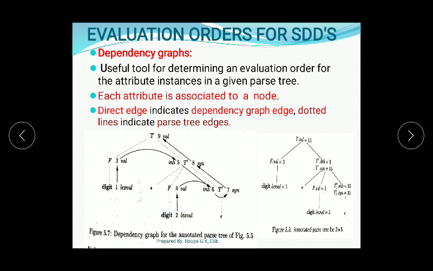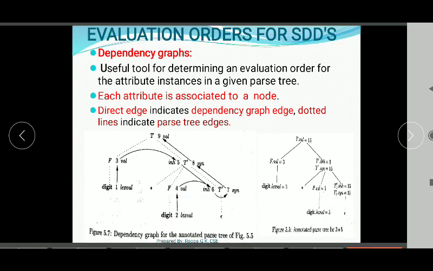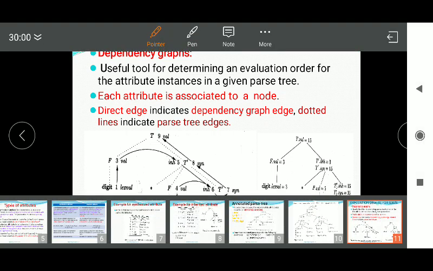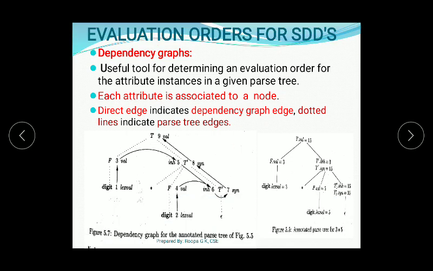And one more thing, please note down, the numbers are not at all important here. You can give the numbers 1, 2 like this, then 3, 4 like this. Only the writing of the edge is very important. See, we are copying the value from here to here, digit dot lexval to F dot val. So the arrow mark is like this, and here from digit dot lexval to F dot val, the arrow mark is like this.